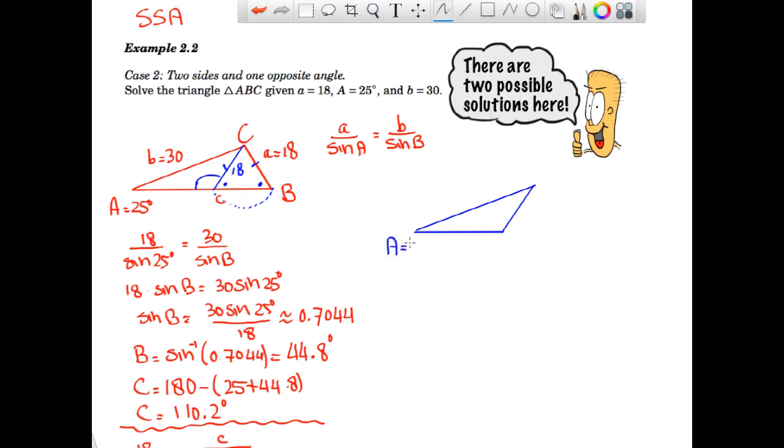I still have A at 25, I still have B at 30, and I still have A here at 18. But how do you find this angle now? Because if you put this in, and this is sort of why I left this over here by itself, if I now go back and do A over sine A is B over sine B, because now B is over here, I'm going to get the same angle. I'm still going to get 44.8.